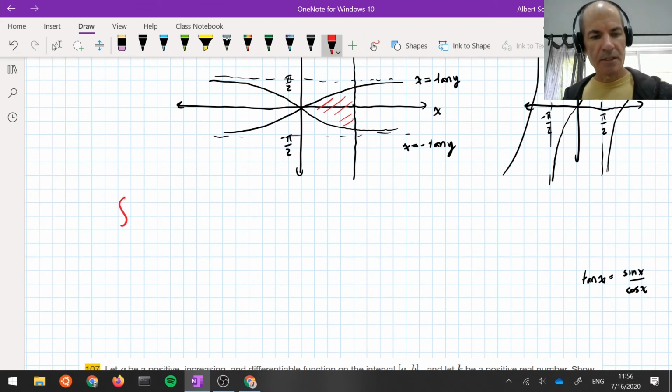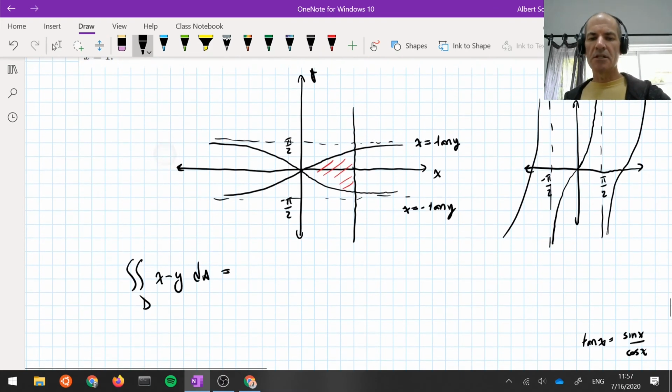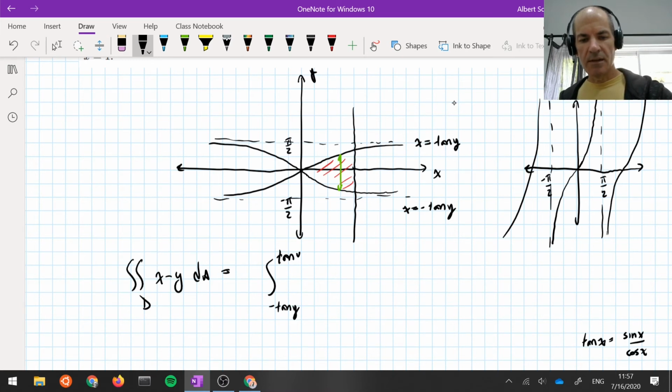So we are looking at a double integral of the plane x minus y dA. We're going to treat this as a type 1 region because it's obvious that we're going to go from the bottom curve to the top curve like that. So we're integrating with respect to y first. The lower limit, if we're integrating in this direction, is the minus tan function, and the upper limit is tan of y.